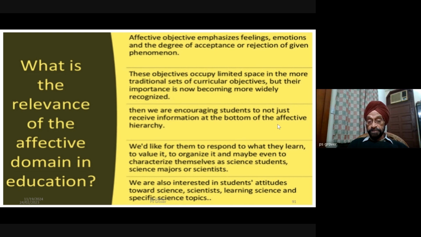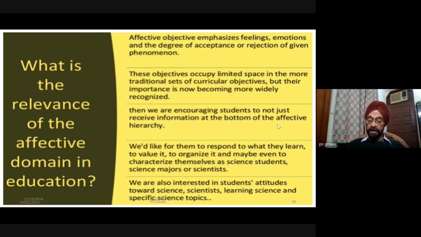For example, maybe science students, science majors, and such. We are also interested in students' attitude towards science, scientists. अब किसी स्टूडेंट को साइंस पसंद नहीं है, उसकी क्या एटीट्यूड है, learning science and so on.